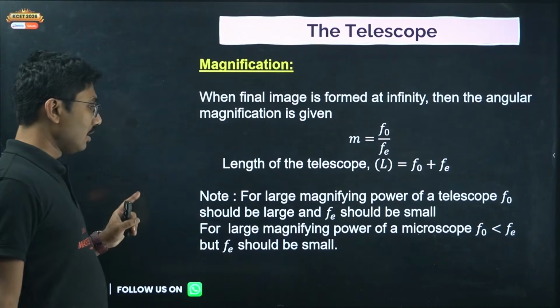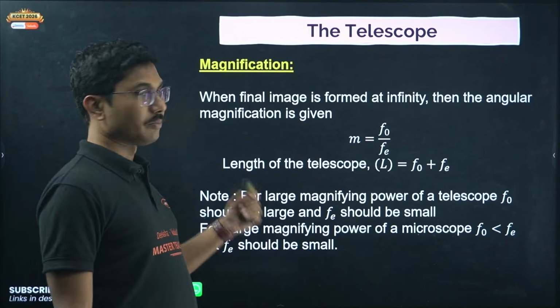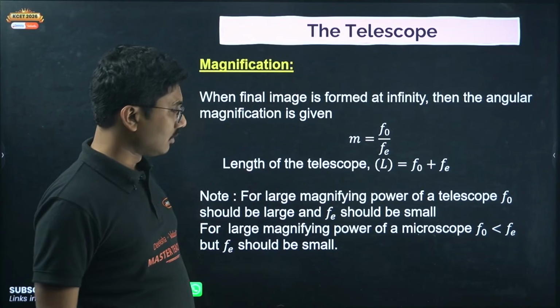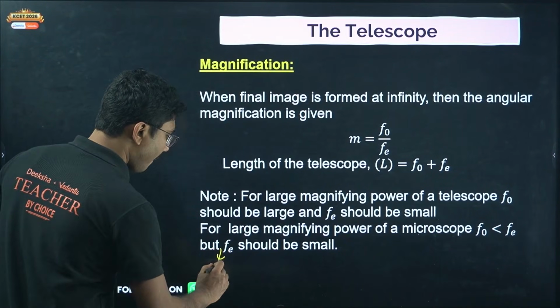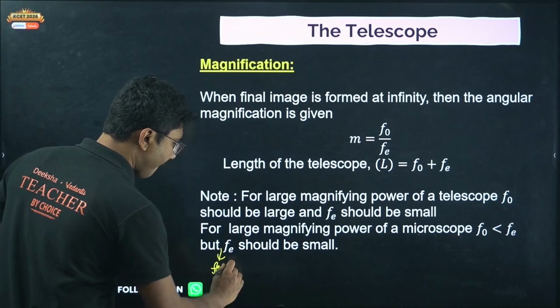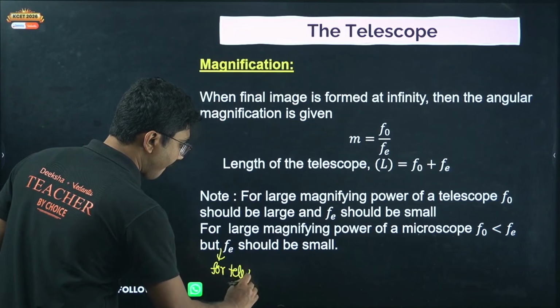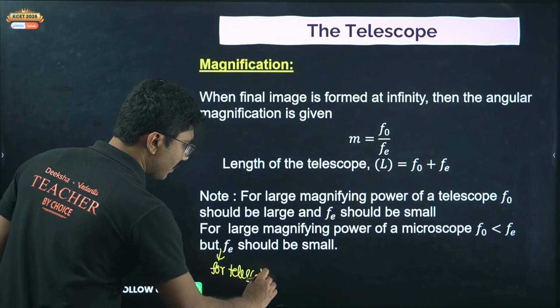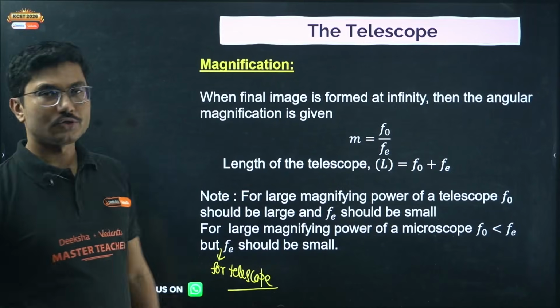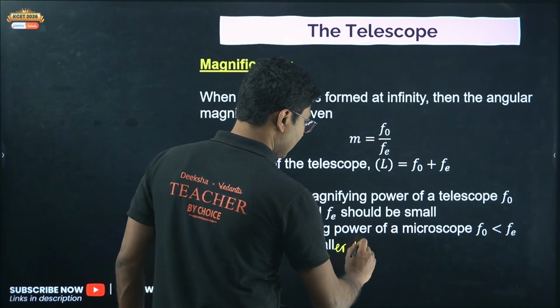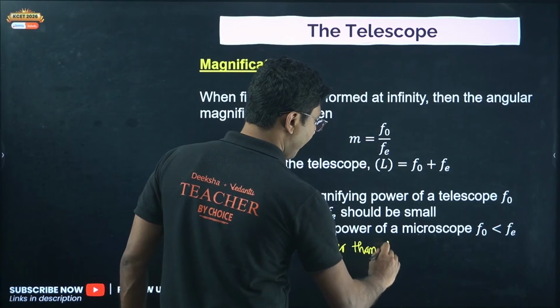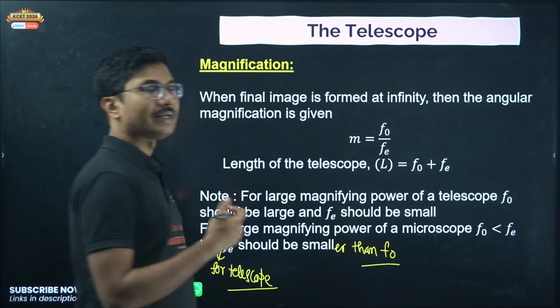But for a telescope, FE should be smaller than FO. So this is basically the difference between a telescope and a microscope.